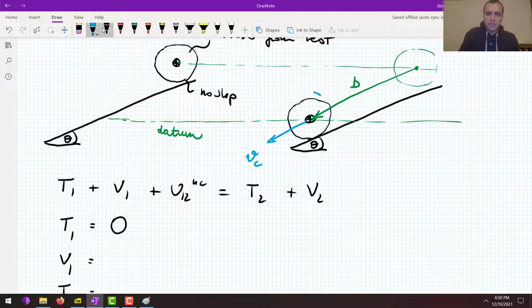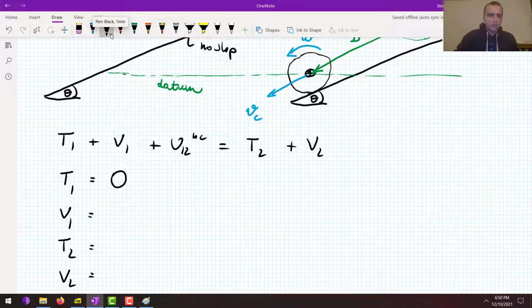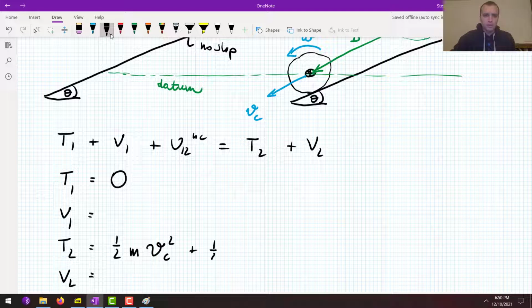And also we have some omega. So we can write, following Koenig's theorem: 1/2 m vc squared plus 1/2 Ic omega squared.